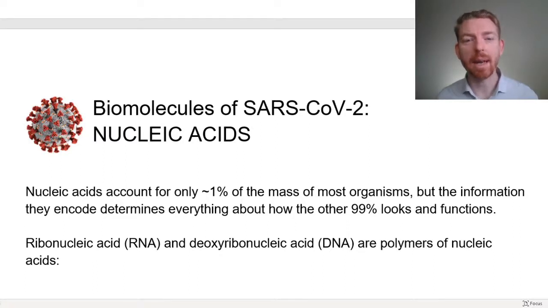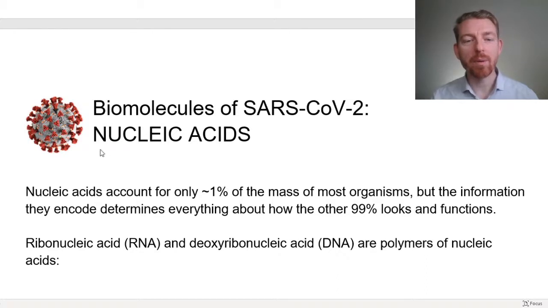And these are nucleic acids. Even though they account for only maybe 1% of the total mass of organisms, the information that they encode is responsible for all of the structure and the function and the look and the feel of the organism that builds out of it.